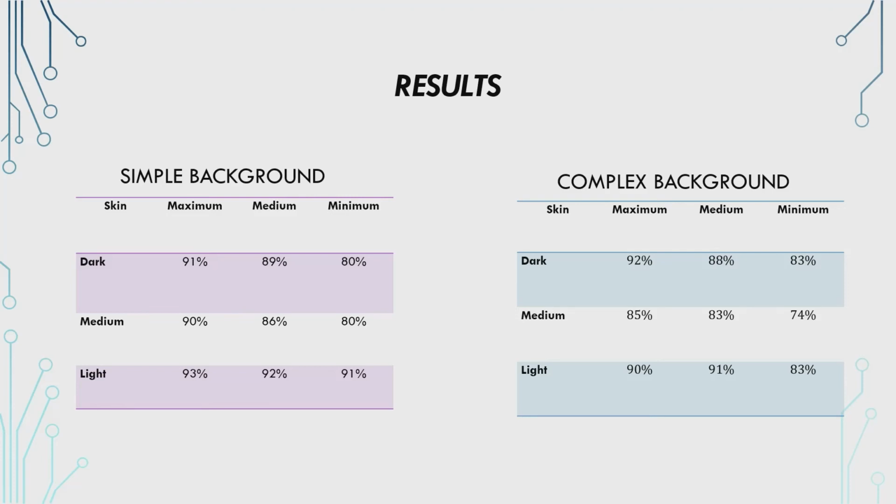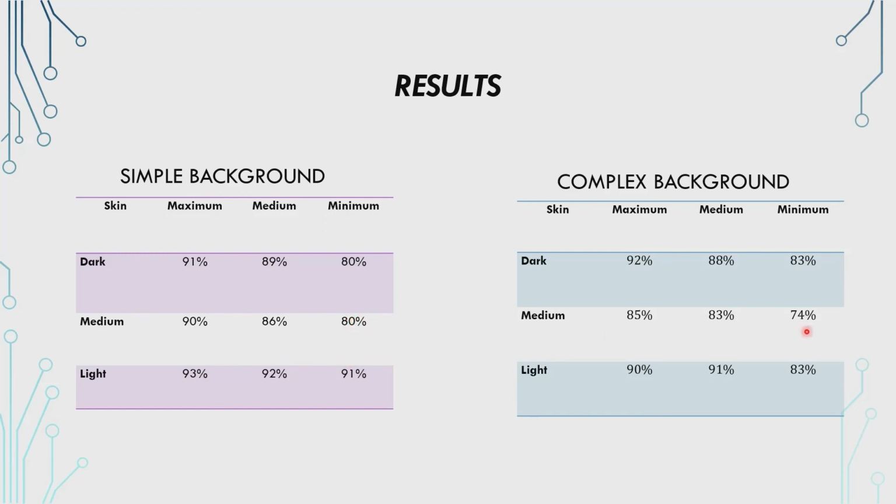As shown in the tables, the system performed well overall with an average accuracy of 87% and was robust against variations in skin color. The only outlier would be medium skin color under minimum lighting.